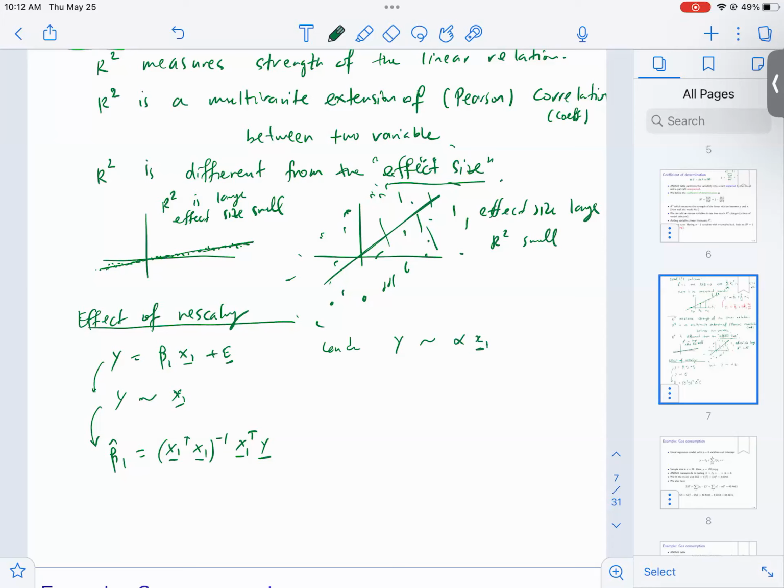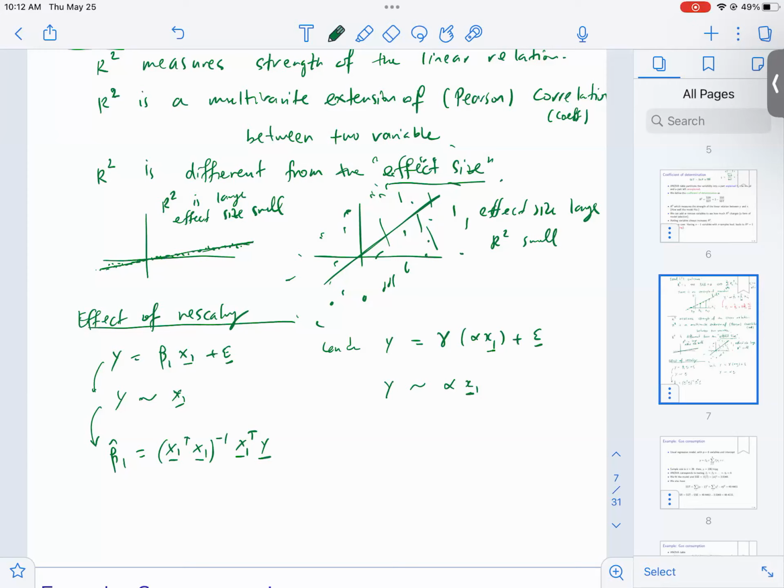So I imagine my model is Yi is, let's call this gamma times alpha X1 plus epsilon. So alpha is a number that I'm going to pick, but then the coefficient should be different.